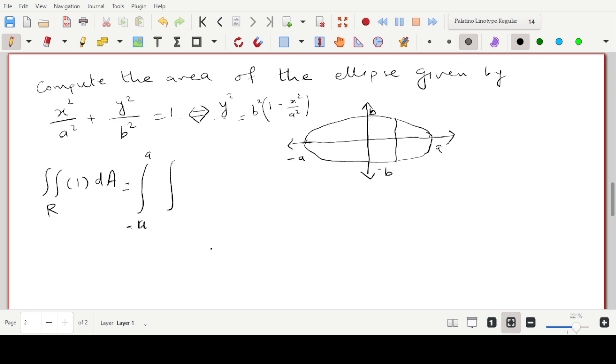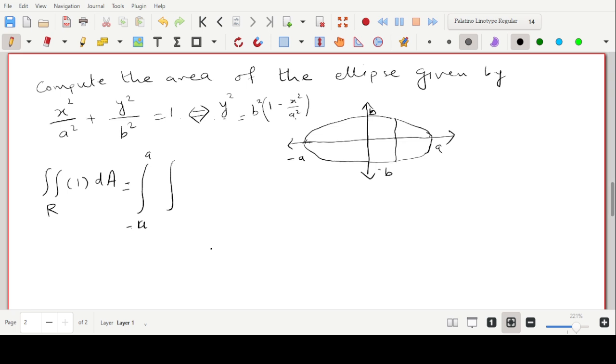Now if you take the square roots on both sides, then y will vary from negative b multiplied by square root of 1 minus x square over a square, to positive b multiplied by square root of 1 minus x square over a square.